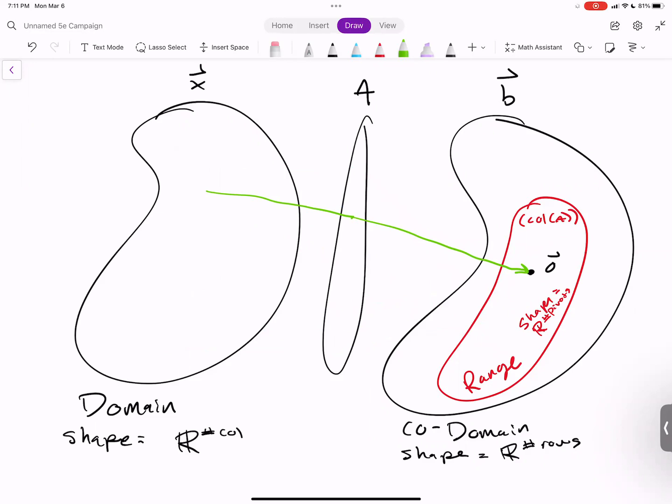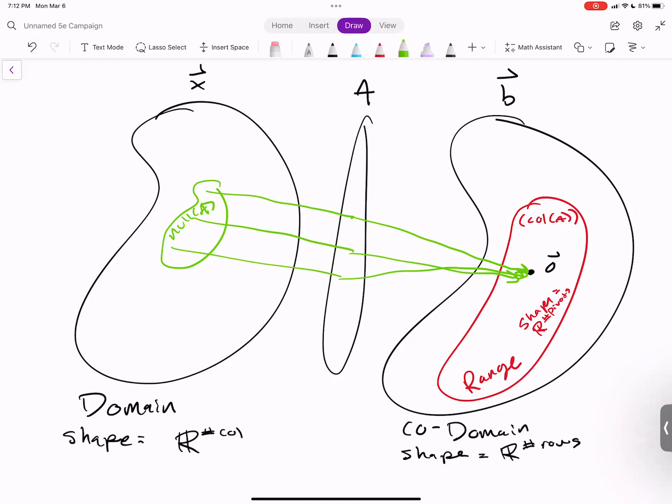But if we have a null space, there are other x's that give us solutions to Ax equals 0. And what these things make is a smaller shape here. This is our null space. So everything in this blob all goes through A and gets mapped to the 0 vector.